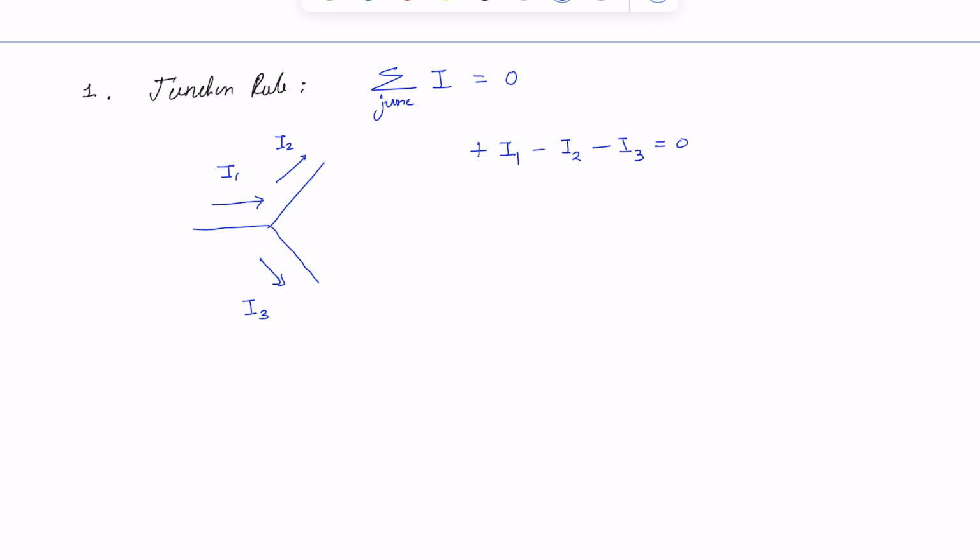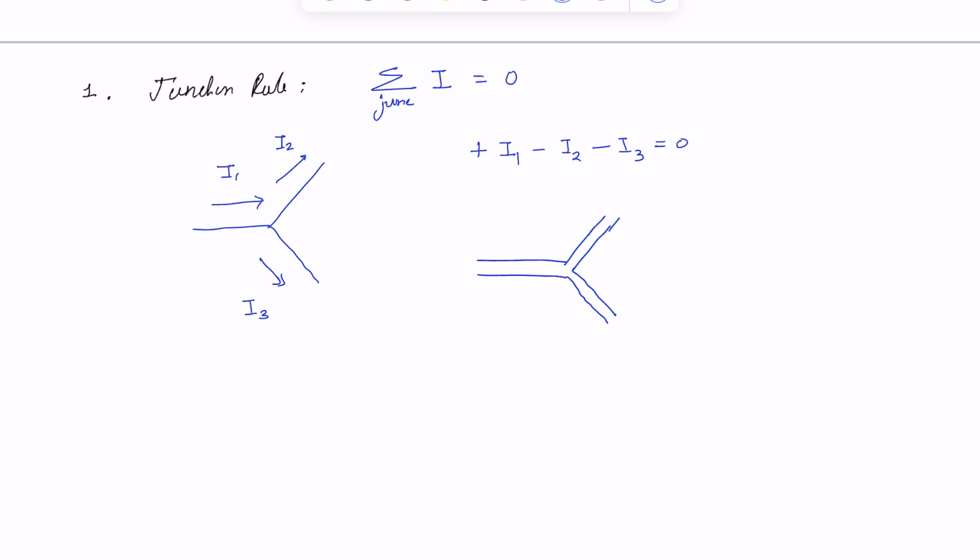Okay, an analog of this is, let's say if we have got two pipes coming in and they make a Y connection. Because current is a flow of charge, that's why we are making this mechanical analog of three pipes coming together, joining at a point, and then they make a Y connection.